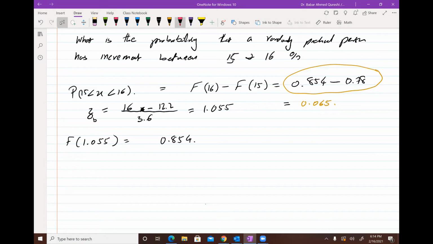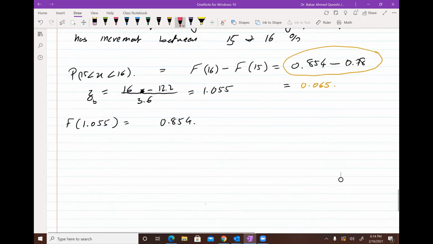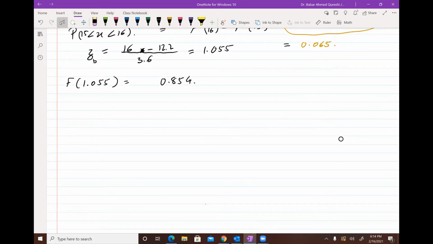Now let me address another issue which was raised: what's the relation of using this probability distribution for continuous variables to discrete variables? How do I use it to describe probabilities for discrete variables?